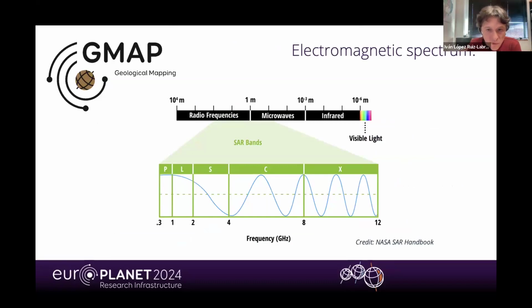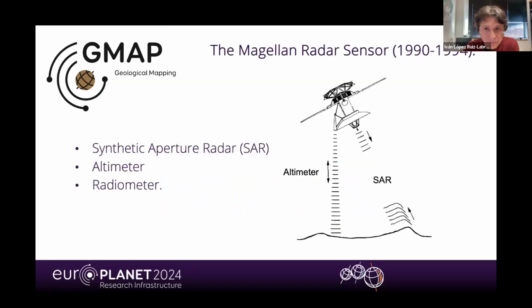So in this case, we work in these frequencies. The SAR bands, the synthetic aperture radar bands, are in this part of the electromagnetic spectrum, and this is what allows us to pass through the clouds and to obtain a return from the surface.